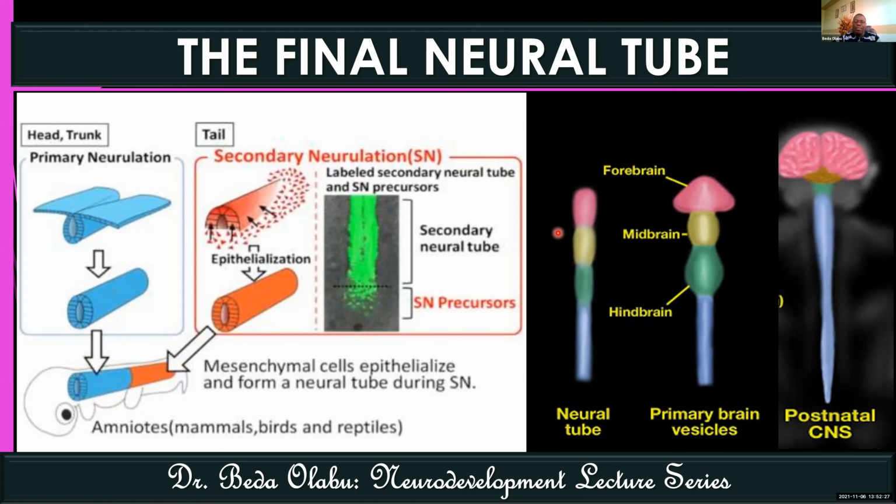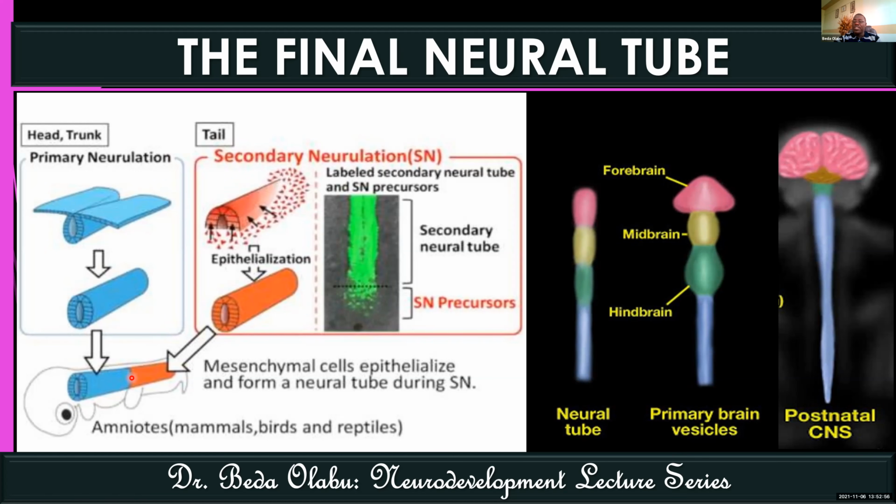The junction between the primary neural tube and the secondary neural tube largely corresponds to the S1, S2 segments of the spinal cord, which means that even though we are making so much noise about secondary neurulation, it is only responsible for formation of the most distal small parts of the spinal cord.